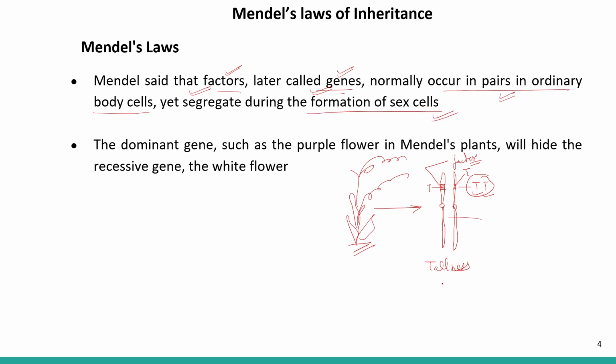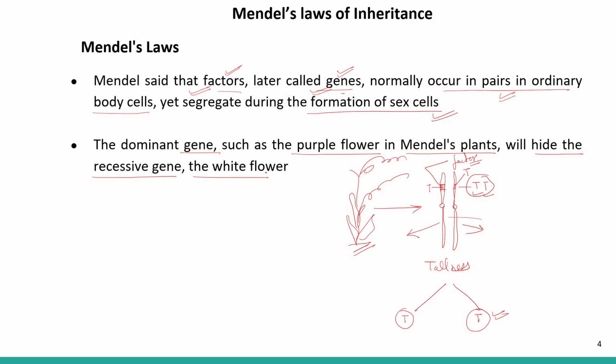Yet the genes segregate during the formation of the sex cells. When they form the sex cells, this will get T and this will also get T. These two chromosomes get segregated at the time of gamete formation, right? The dominant gene, such as the purple flower in Mendel's plant, will hide the recessive gene, the white flower.